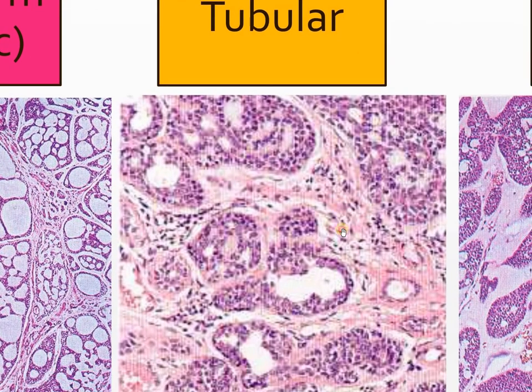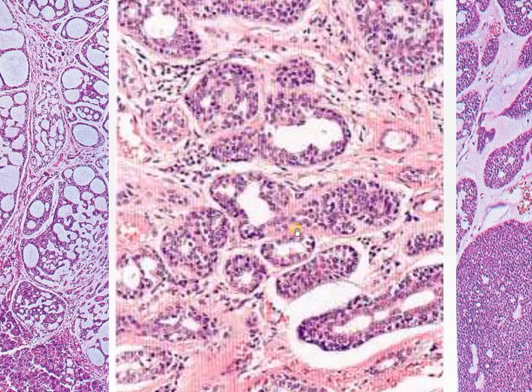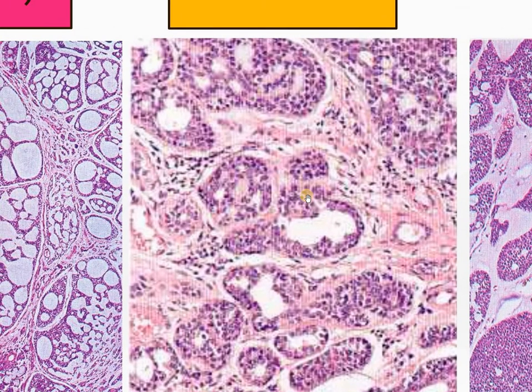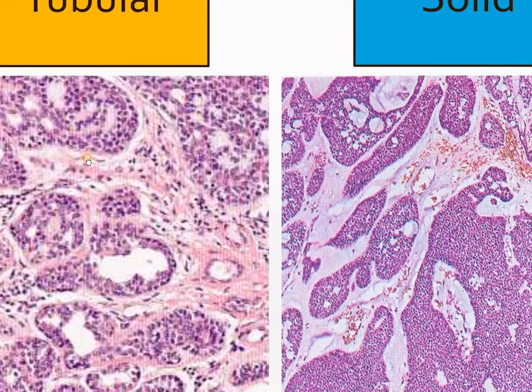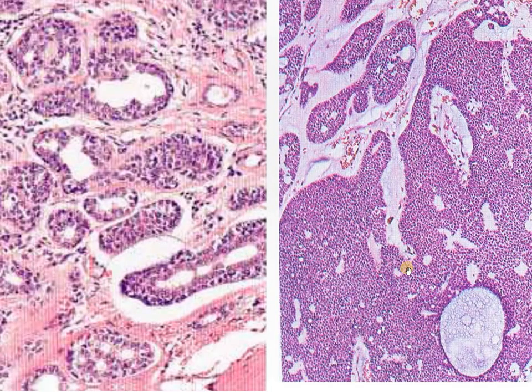In the tubular entity, on the other hand, you can see ducts. So you have small oval or round ductal spaces with empty spaces that may or may not be filled with mucin. The solid variety, on the other hand, is something like this, where you do not see much of a cystic space.